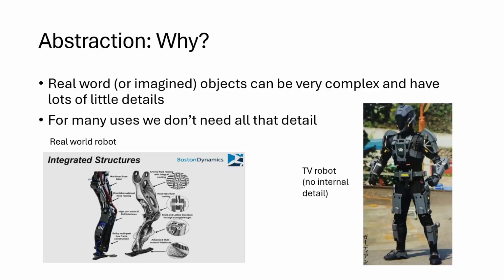You wouldn't need to know what little wires are going on in there. Because in TV, it's recorded and it's not real, so you can simply have the outside of a suit made and put a person in there to play the robot, and in that way you don't have to deal with that detail.